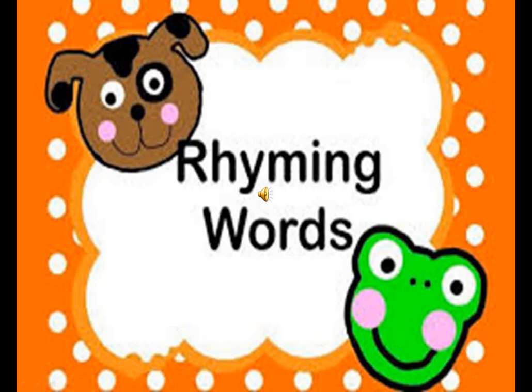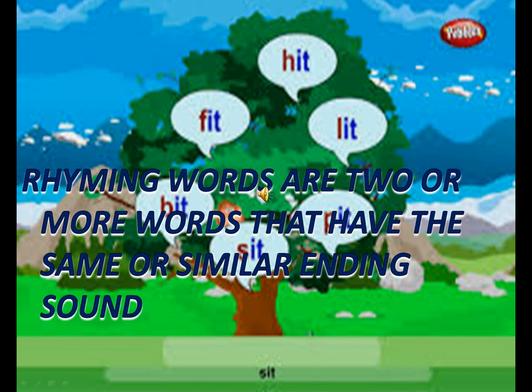Now that we have discussed half portion of this poem, let us have a look at some rhyming words. So, what are rhyming words? Rhyming words are 2 or more words that have the same or similar ending sound. This is something that you are very well familiar with. Now let us have a look at some examples.